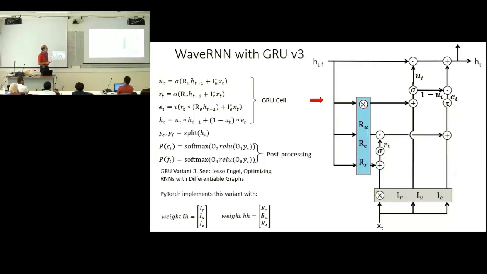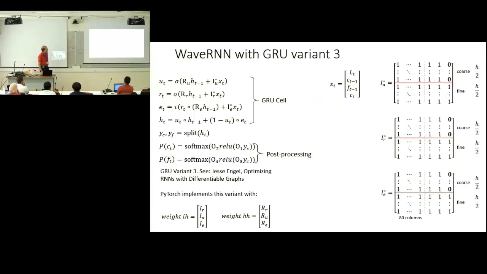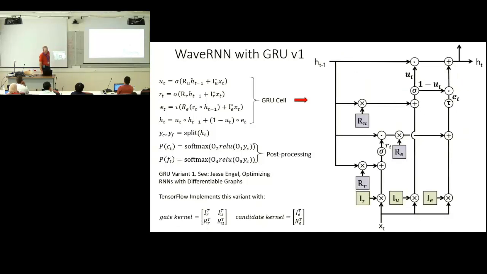I will show you later on what the masks are and why we need them. These are the masks here. I will not spend your time explaining the technicalities. You will find that in the slides. But you may as well train the WaveRNN with another variant of GRU, for example variant 1, which is implemented in TensorFlow.